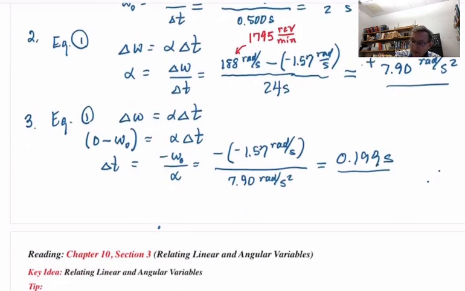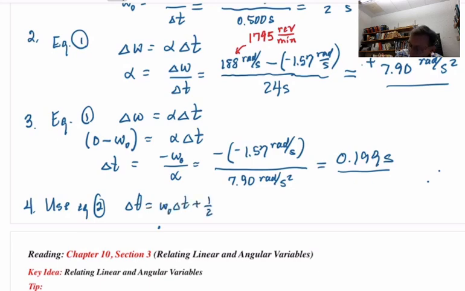Okay, so now I'm going to use constant acceleration equation 2 because I want an angular displacement. I want delta theta, and that's what the second equation is about. It says delta theta equals omega initial times delta t plus 1/2 alpha times delta t squared.